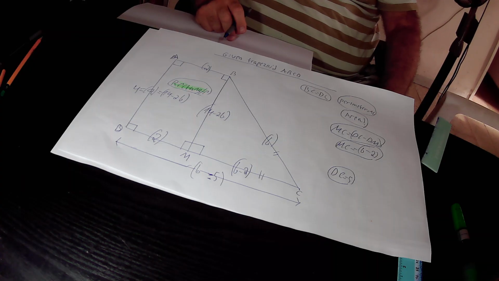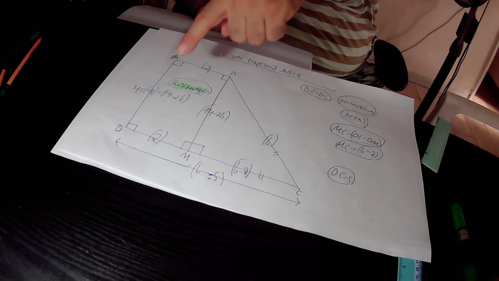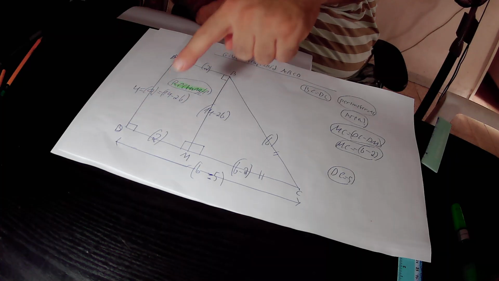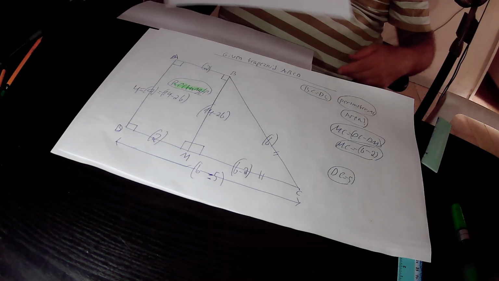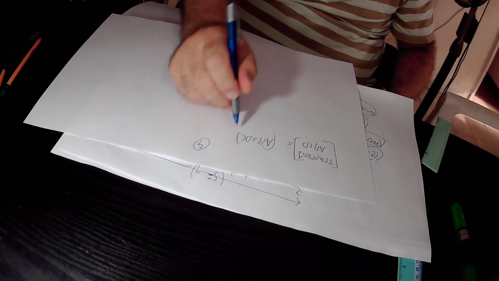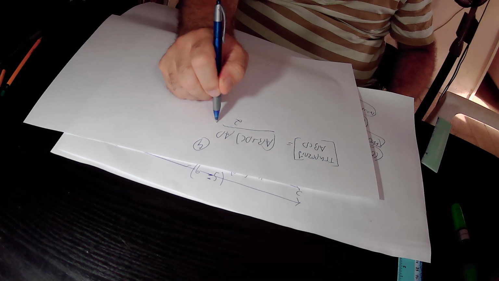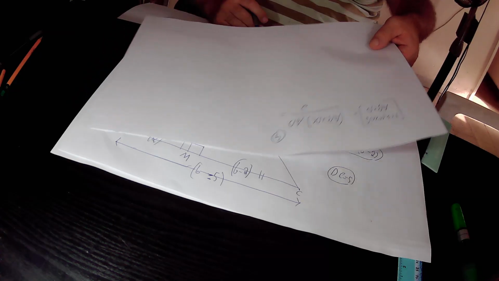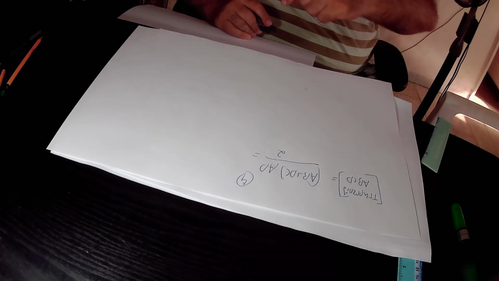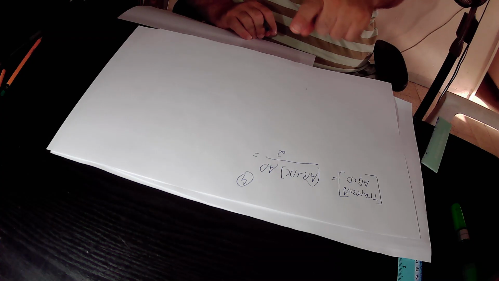Because the height AD creates 90 degrees with the base AB, and also creates 90 degrees with the base DC. So it is times the height AD over 2. So in total, the area of trapezoid ABCD, the area we are looking for in this question, is equal to AB plus DC times the height AD over 2.